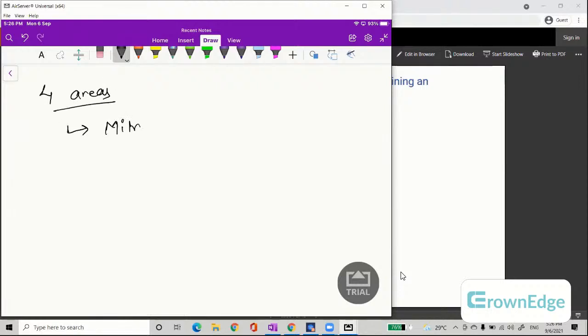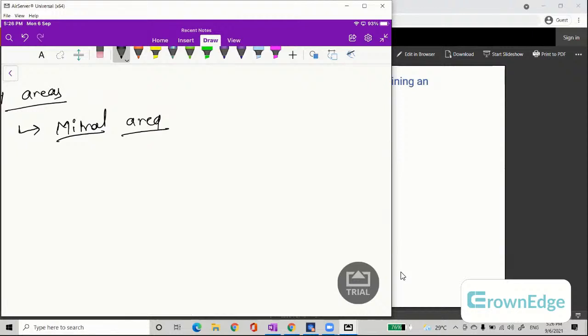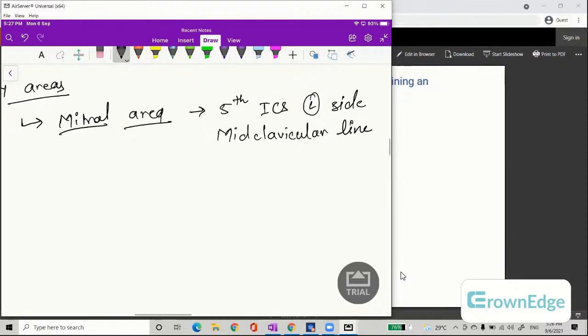The mitral area, that is the area for the mitral valve, is shown at the fifth intercostal space, on the left side, in the mid clavicular line. Remember, in the mid clavicular line.